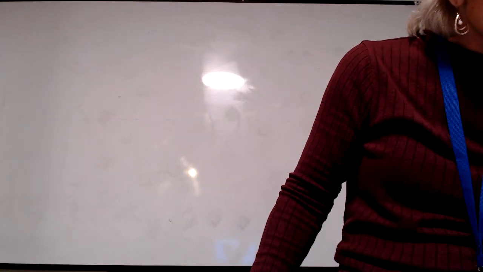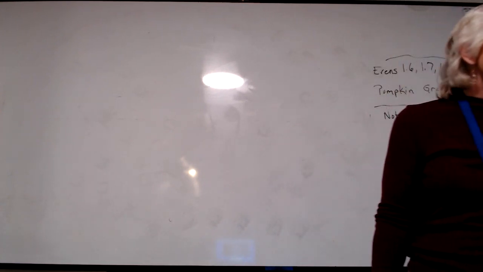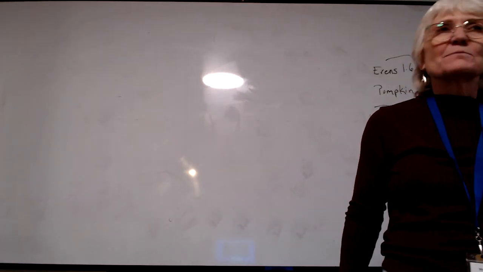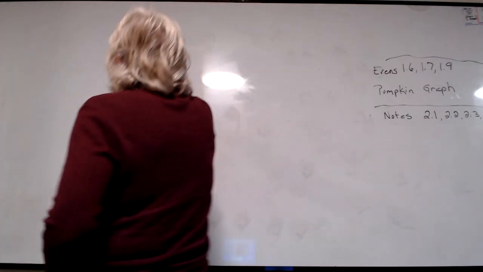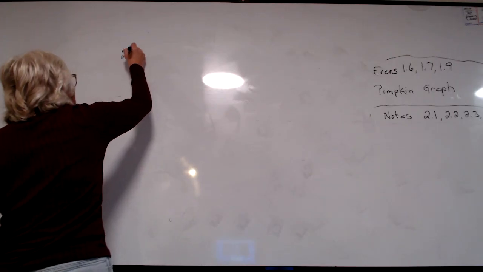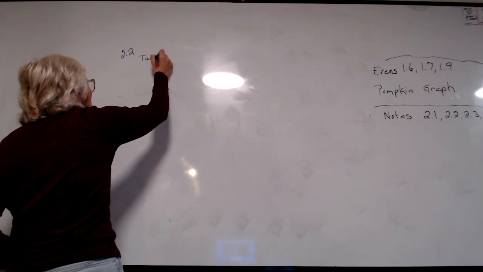Okay. So 2.2 is now we're taking words and we're going to write them into algebraic expressions. This is 2.2. So this is where we're going to look at some different things, but we're taking words.